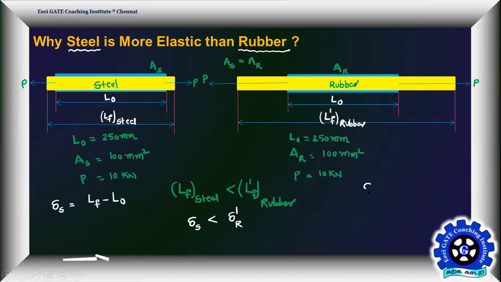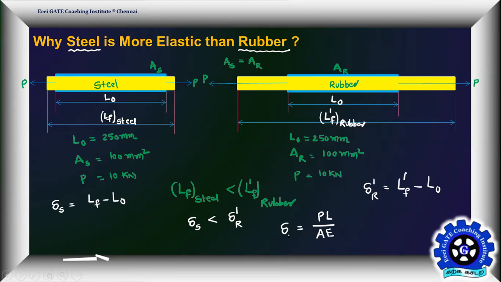Here delta dash rubber is L final dash minus L naught. Now we can say delta is nothing but P L naught by A E.